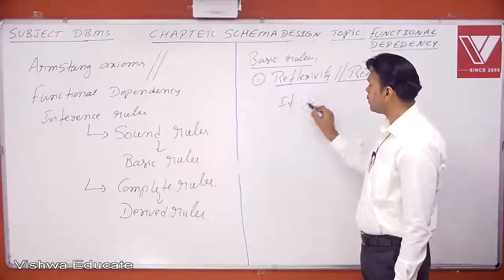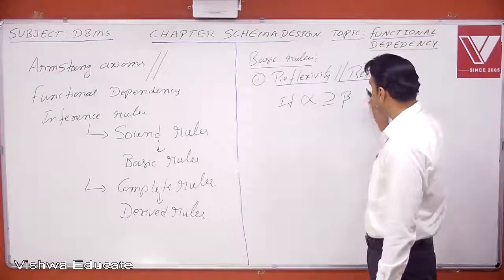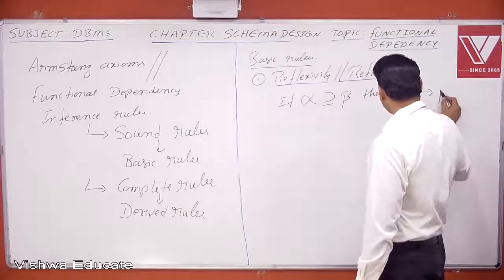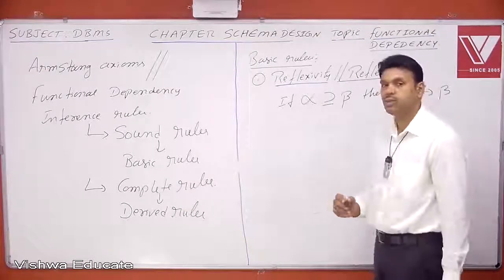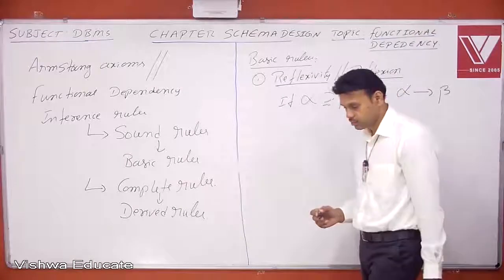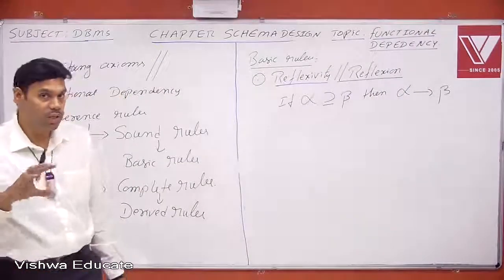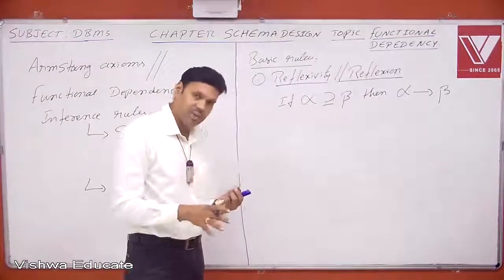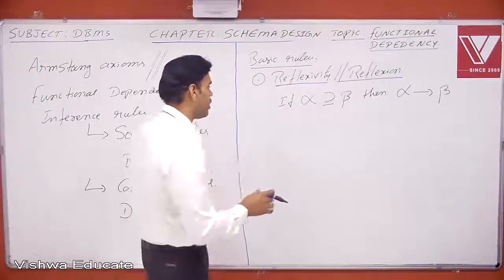If alpha is a superset or equal to beta, then alpha gives beta. This is the rule of reflection. So using this rule, you can say what kind of functional dependencies can be derived. That means trivial or non-trivial or semi-non-trivial.